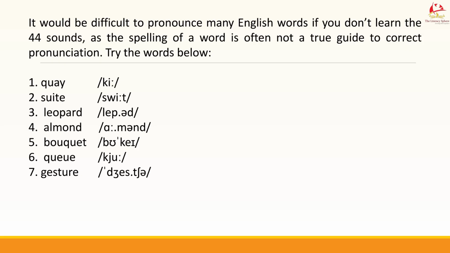And now look at that sound of ours again. What sound is it? I told you earlier. E. And the last sound is T, telling you that that word should be pronounced as sweet. Sweet and not suit. Is that clear? Sweet. That's the correct pronunciation of that word.